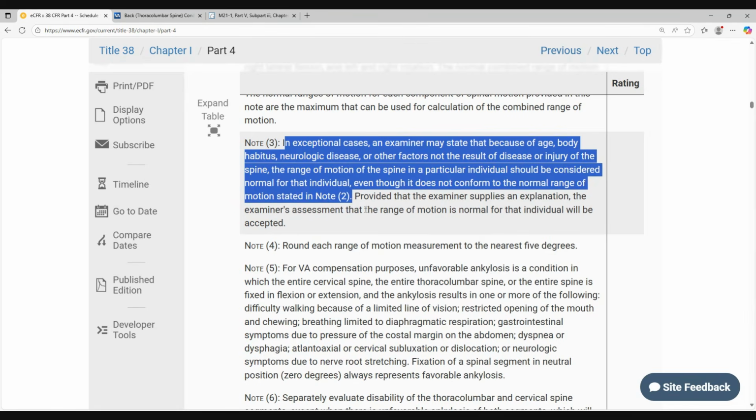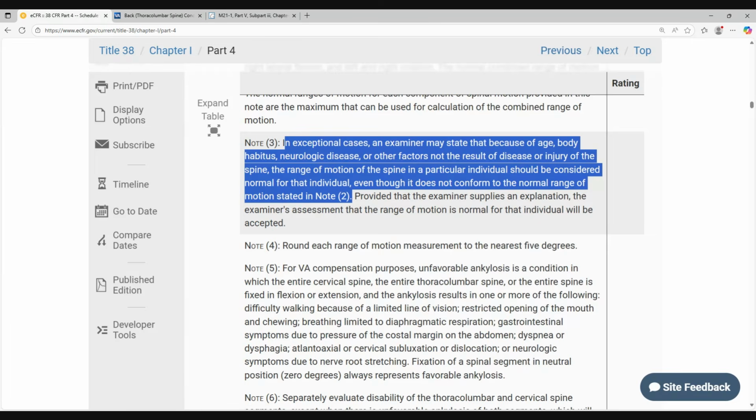What they're basically saying here is that you can have impaired range of motion identified on the DBQ, but the examiner can also qualify that that range of motion is normal for somebody your age or somebody with your neurological condition or things like that.